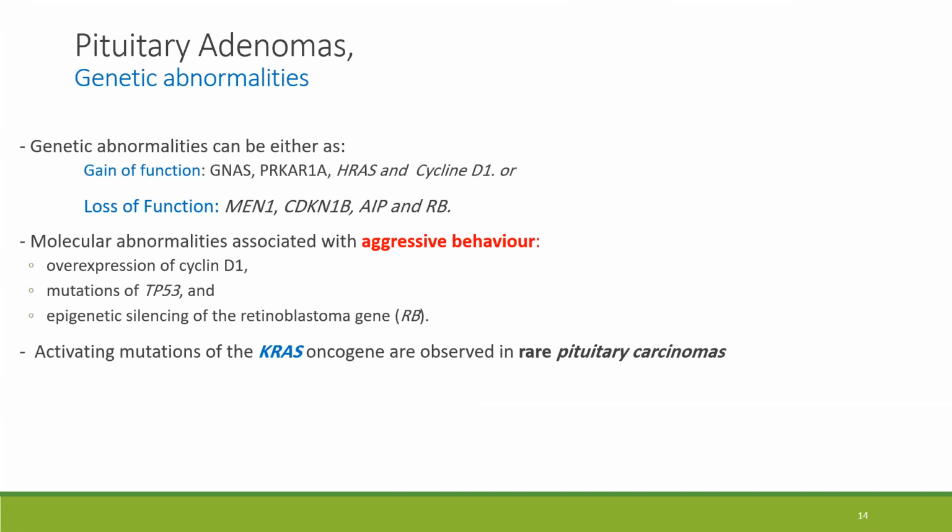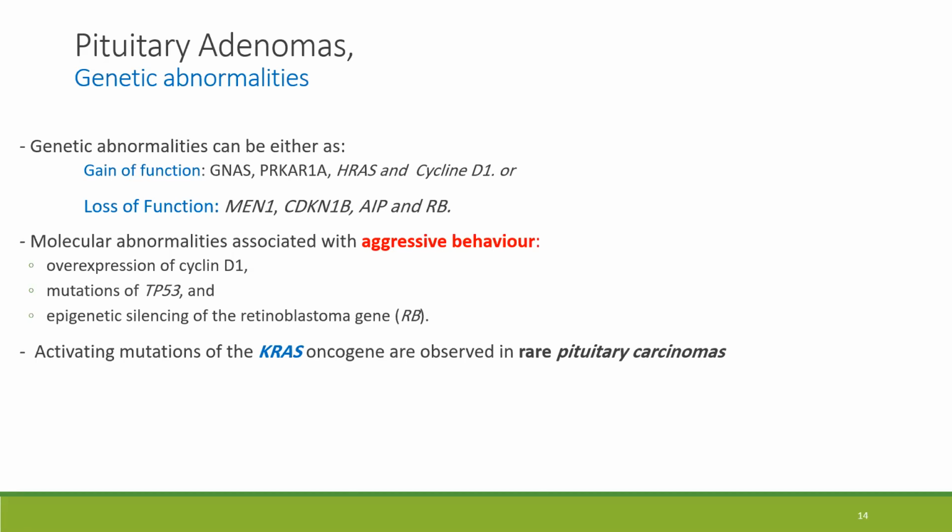Genetic abnormality, we have a lot of abnormality that can be seen in these 5% of adenomas, with a background of genetic change. It can be either a gain of function or loss of function. Molecular abnormalities, which are important for us on the clinical side, are the ones associated with aggressive behavior or aggressive adenoma.